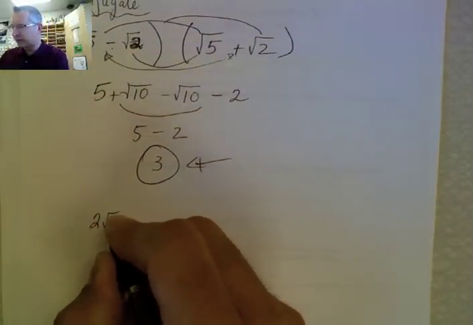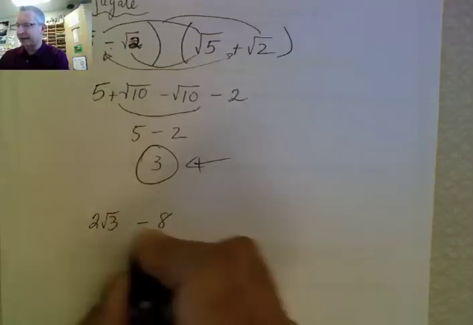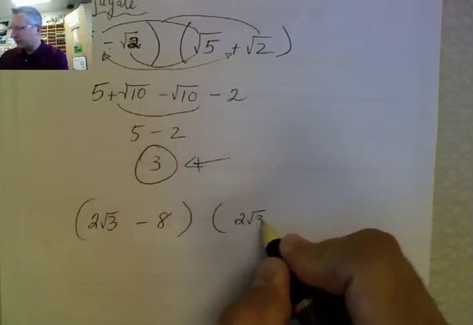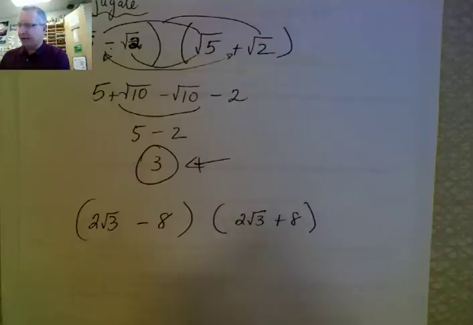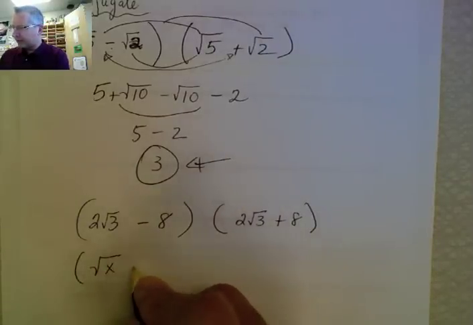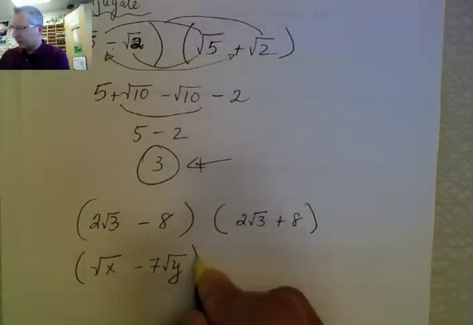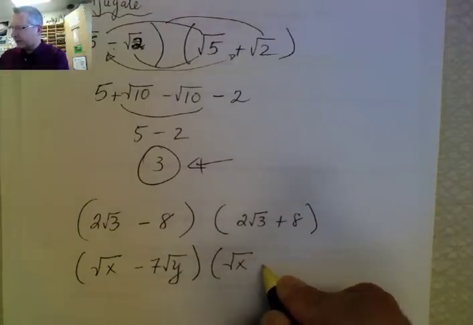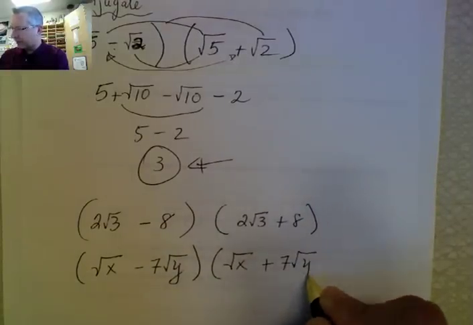So just a couple quick other things. If I have 2 root 3 minus 8, its conjugate is 2 root 3 plus 8. If I have square root of x minus 7 square root y, then its conjugate is square root of x plus 7 root y.